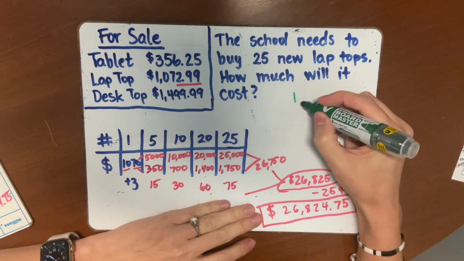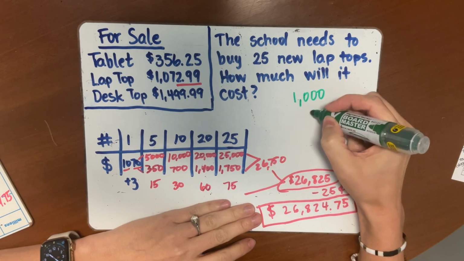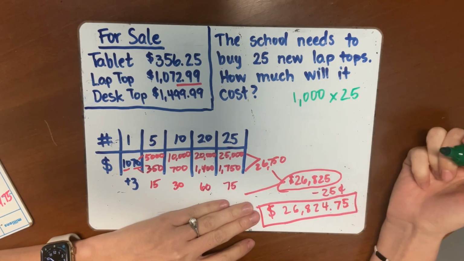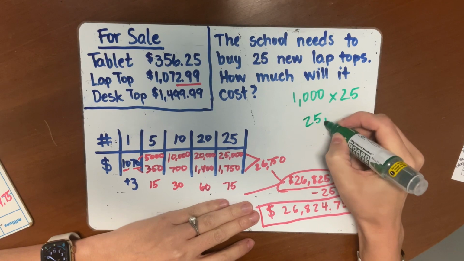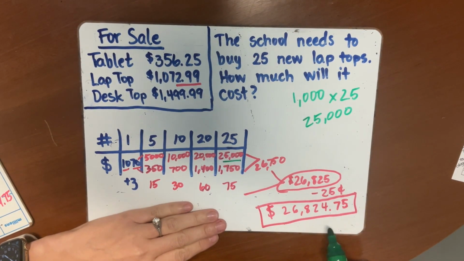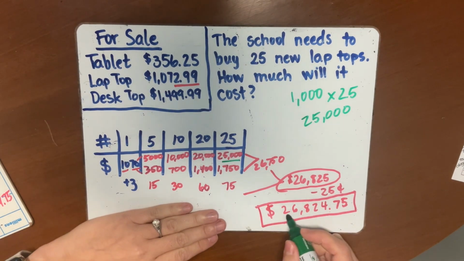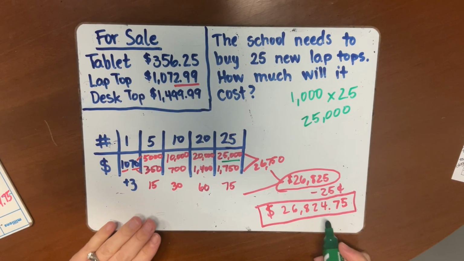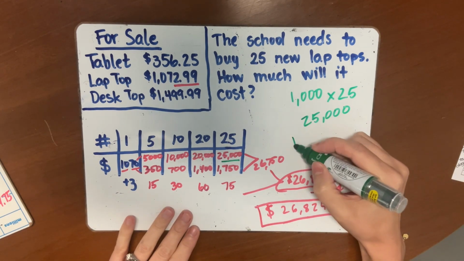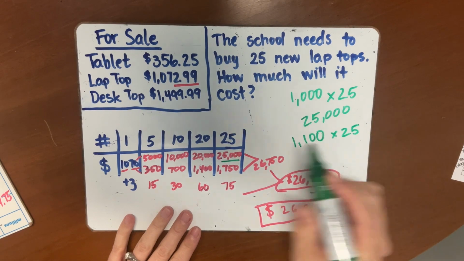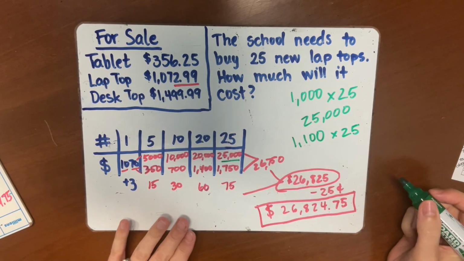Well, if I just do 1,000 25 times, it should be about 25,000, which I had here. And that is about 1,000 to 2,000 less. If I want to get a little bit more specific, I might do 1,100 times 25, because that's a little bit closer to that estimate.